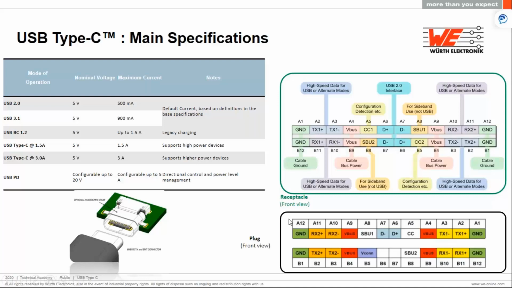Now, similar to the receptacle, we also have the front view of the USB plug. If you notice the difference here, this is a 22-pin plug versus a 24-pin receptacle. You can see the B6 and B7 pins are missing. If we wanted to implement the B6, B7 pins with the differential D- and D+ pins, we would essentially be creating a short circuit, and we might not be able to transfer the data through this connector.